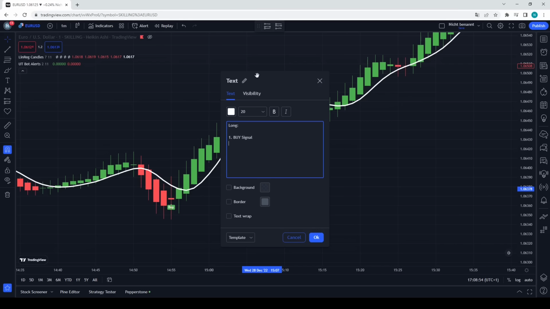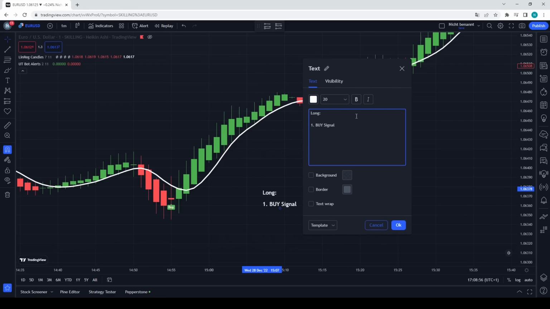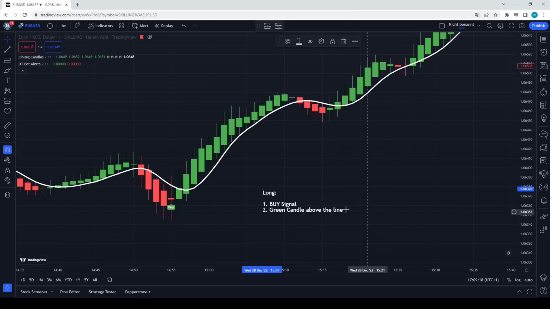The second thing we want is a green candle closing above this line. So these are the two conditions that we have to get.